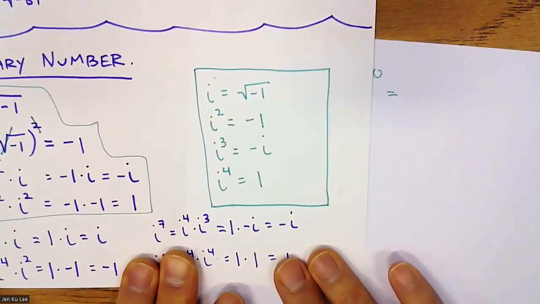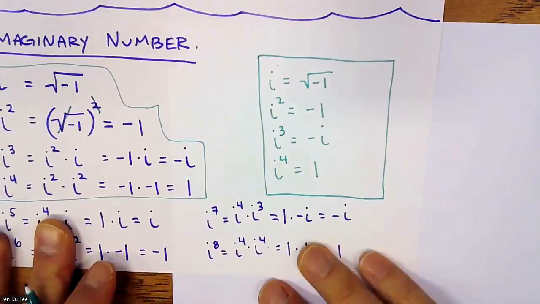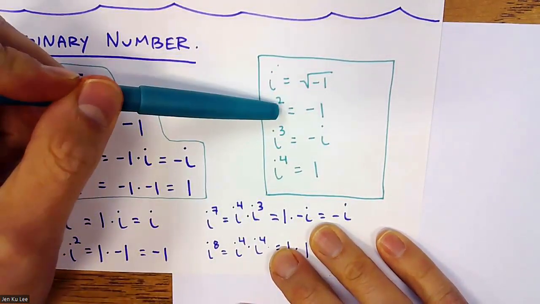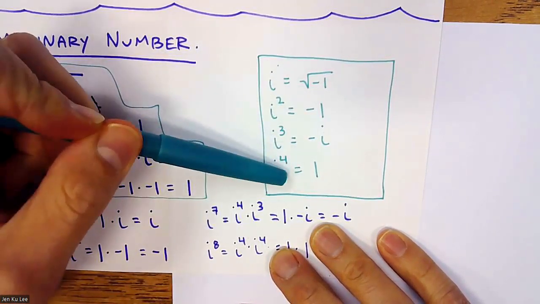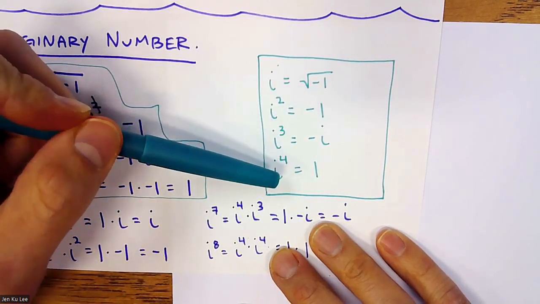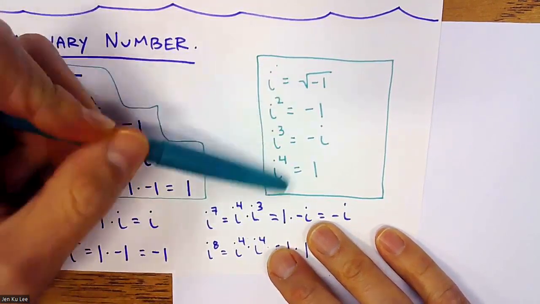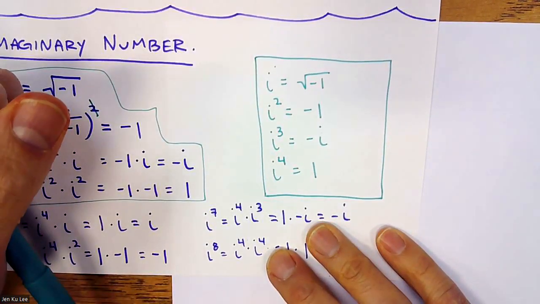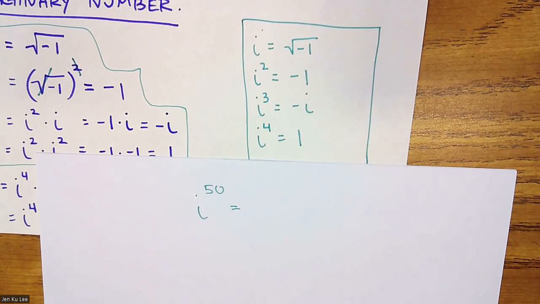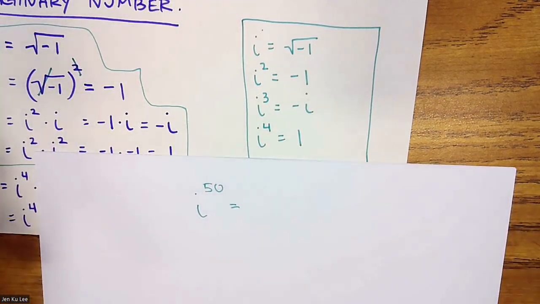What we can do is look at this list and go 1, 2, 3, 4, 5, 6, 7, 8, 9, 10, 11, 12, 13, 14, 15, 16, I to the 17, I to the 18, I to the 19, I to the 20, and keep on going until you hit 50. But there is another way, a simpler way.